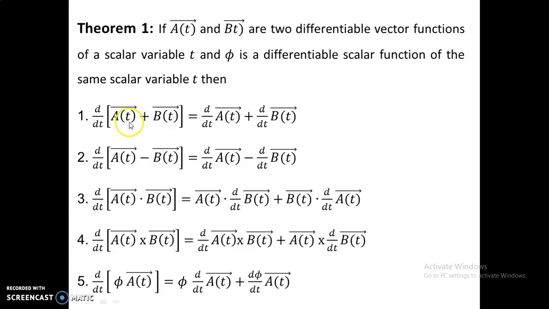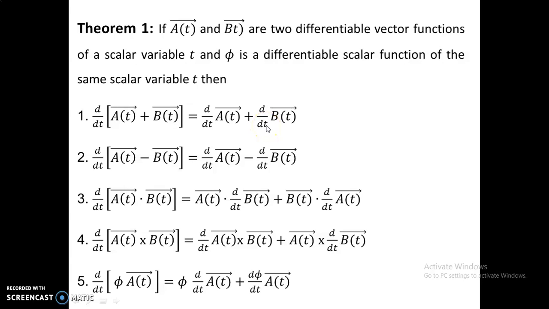Then d by dt of the sum of two vector functions is equal to the derivative of the first vector function with respect to t plus the derivative of the second vector function with respect to t.